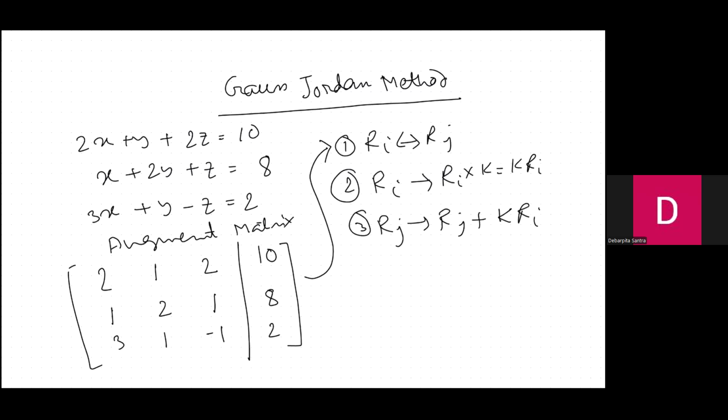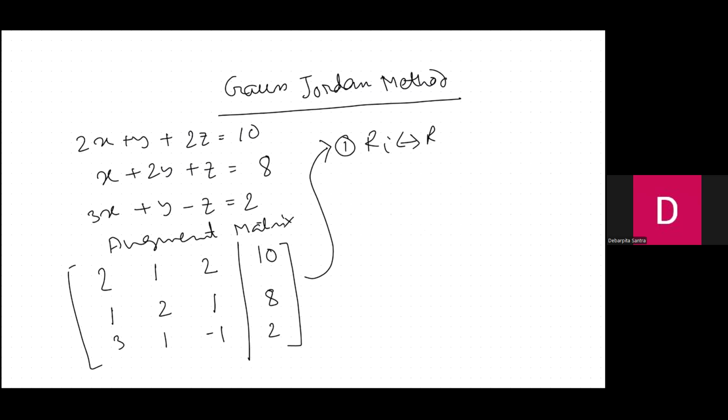Using these elementary row operations, we will find the reduced row echelon form from this augmented matrix. Remember, except these three, there are no other row operations.